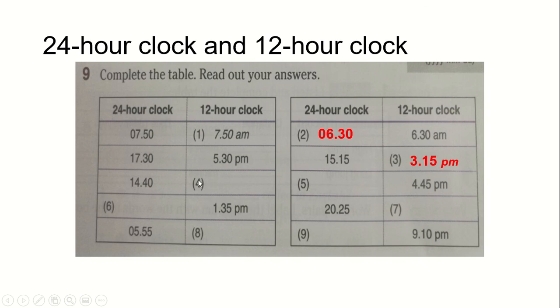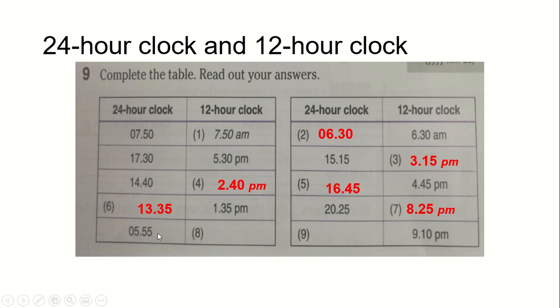This is number 3 and this is number 4. Here we take out 12. Number 5, 16:45. Now let's move to number 6. Here we also add 12 and delete PM, so it becomes 13:35. Thank you. Number 7, we take out 12 and we write AM or PM. Of course, we write PM, so 20:25 becomes 8:25 PM.